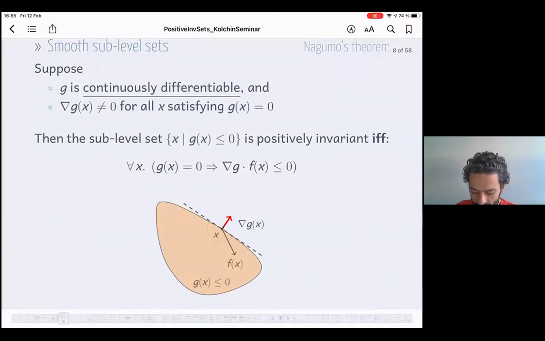So here again, this is the intuition behind Nagumo's theorem for a specific kind of sets S. In practice, we don't usually manipulate just any set S, but some sets are more interesting than others, because they come from applications where those things are important. One such set is the sublevel set.